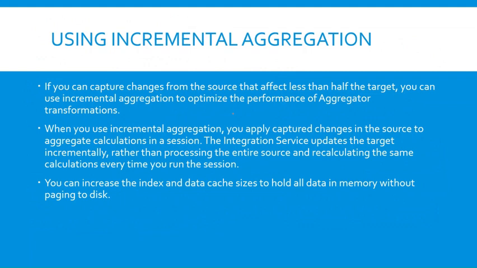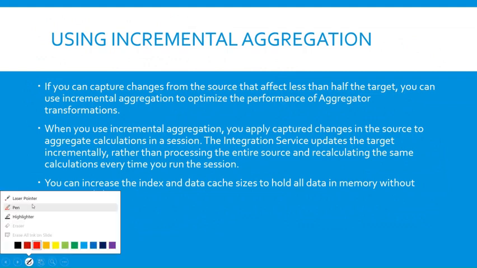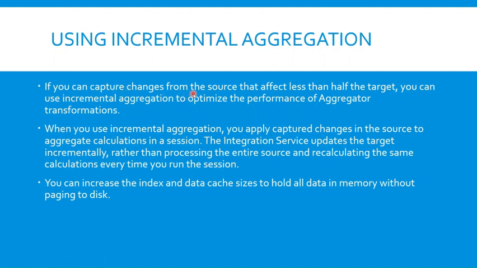When you use incremental aggregation, you capture changes from the source. For example, if you have an OLTP source, it gives some effective date, insert date, update date. Based on that, you pick the source data.